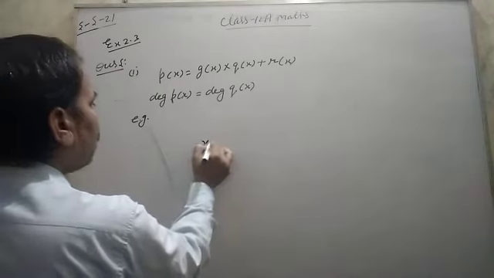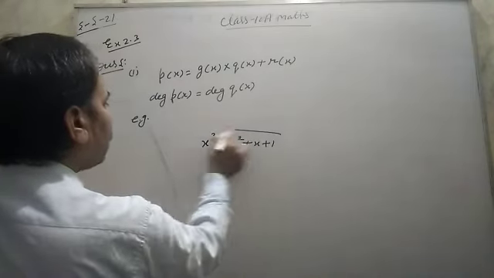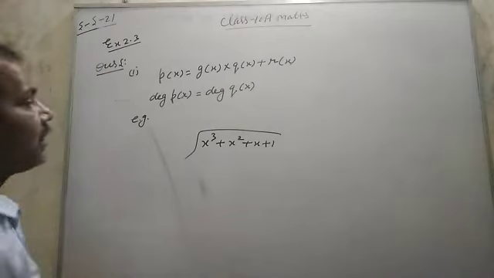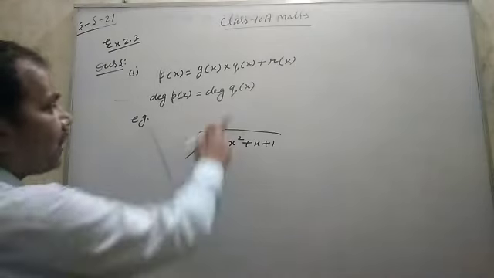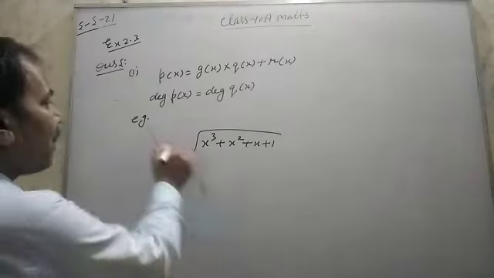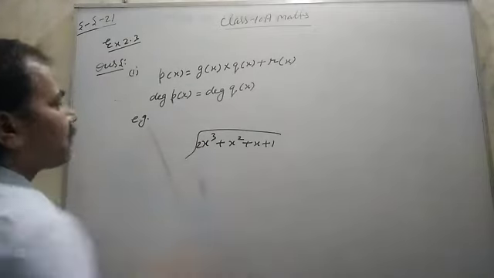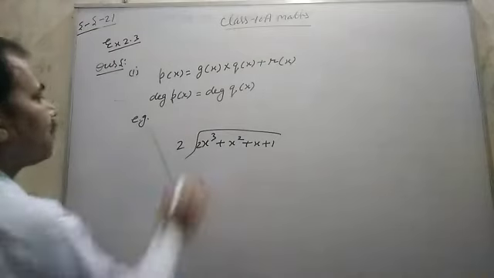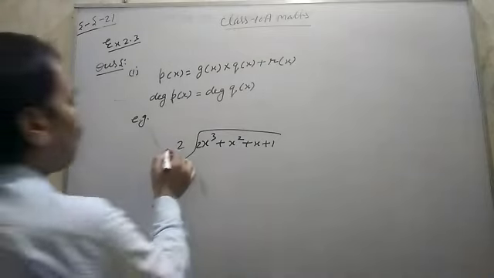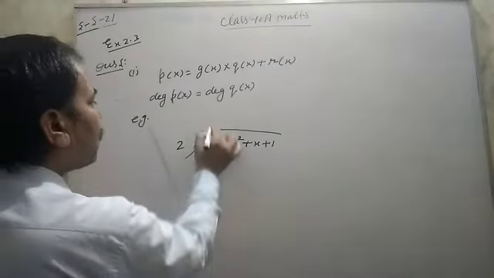So x cube plus x square plus x plus 1. This is the dividend, degree of dividend 3 and degree of quotient also 3. So we have to divide by a constant term. Suppose 2x cube plus x square plus x plus 1, divide by 2. So 2x cube divided by 2 gives x cube.